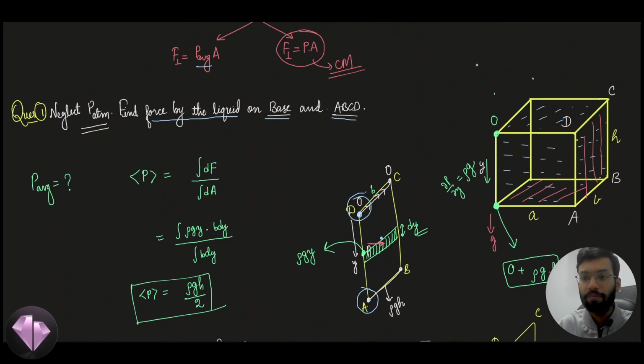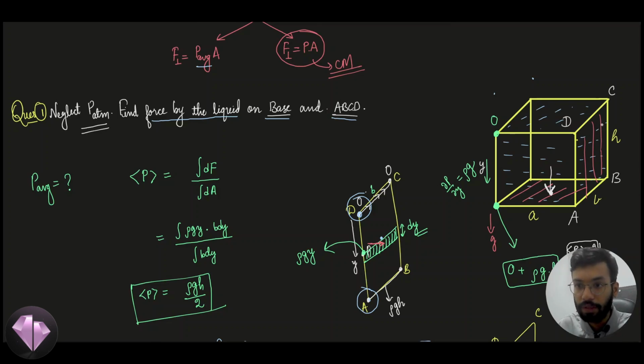So quick recap. To find the force on the base, the liquid is applying a force on the base in the perpendicular downward direction. The liquid is applying a force on ABCD, whose magnitude we have calculated using the average pressure into the total area, which is B into H. And where is it applied?